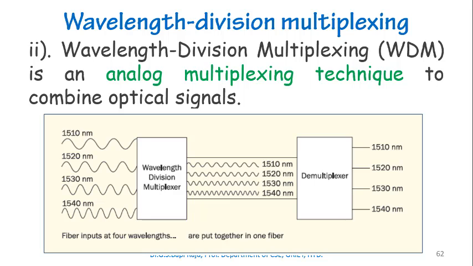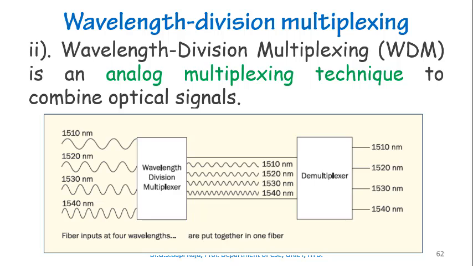Coming to wavelength division multiplexing. Normally, wavelength division multiplexing is used for optical signals. This is also an analog multiplexing technique to combine optical signals.